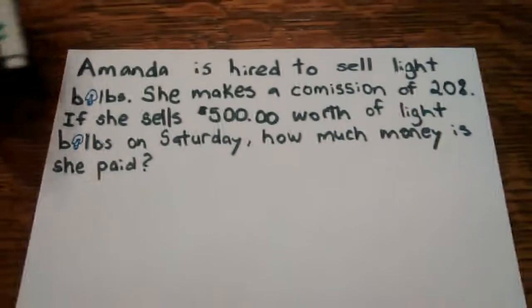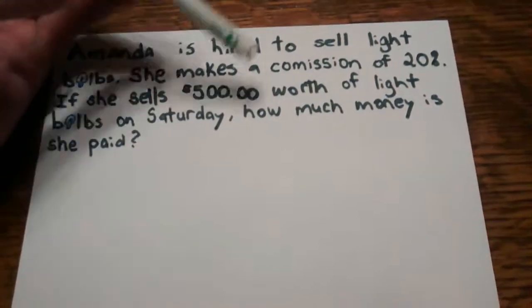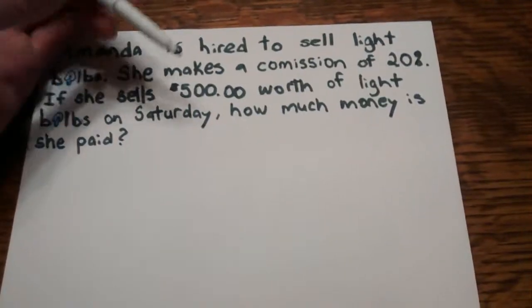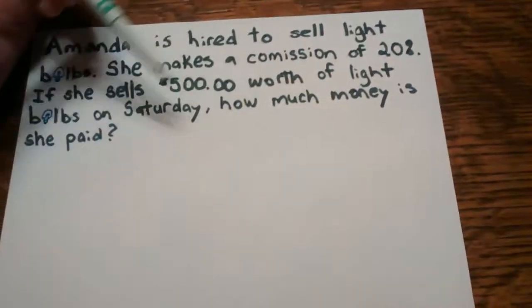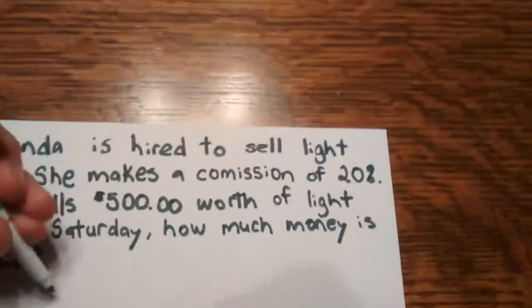So here's where I look at the question right away, and I see she's paid based on commission of 20%, and on Saturday she made $500. So I have to figure out what 20% of $500 is. Here are some basic things that I know right off the bat.